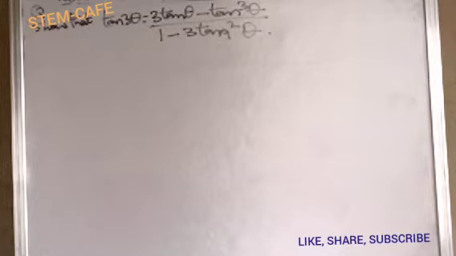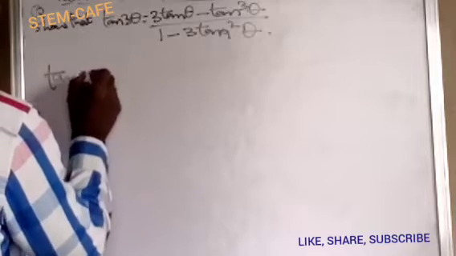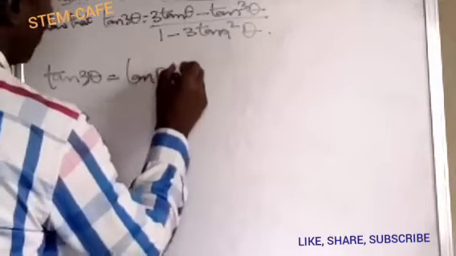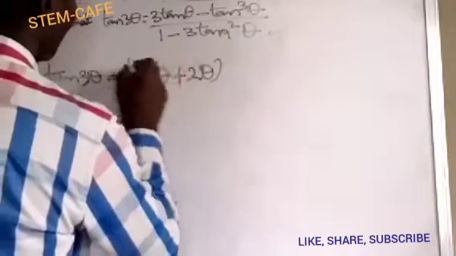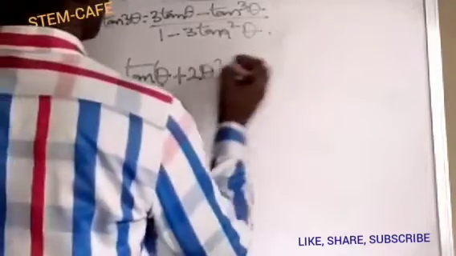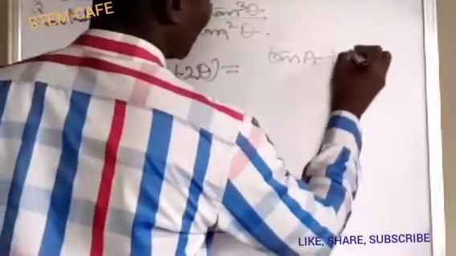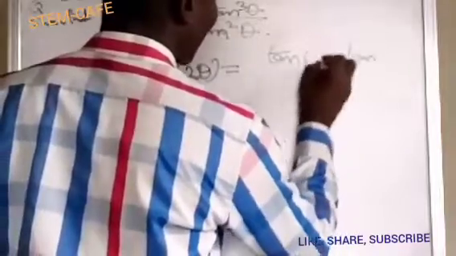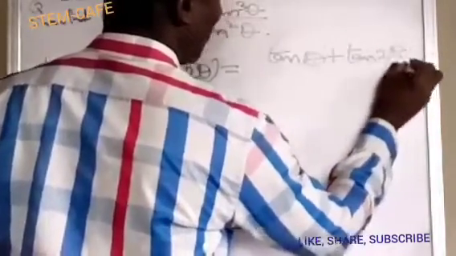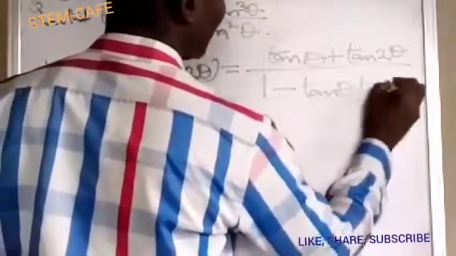Show that tan 3 theta equals 3 tan theta minus tan cubed theta over 1 minus 3 tan squared theta. We know that tan 3 theta will be equal to tan of theta plus 2 theta. And we know from the identity for the sum of tan of two angles, it is going to be tan theta plus tan 2 theta over 1 minus tan theta tan 2 theta.